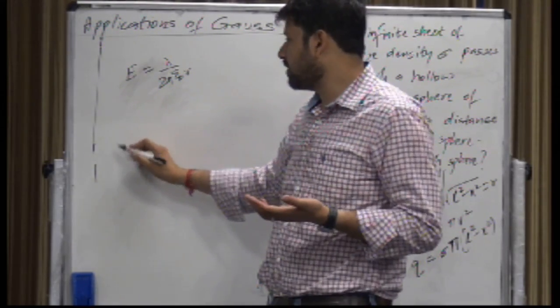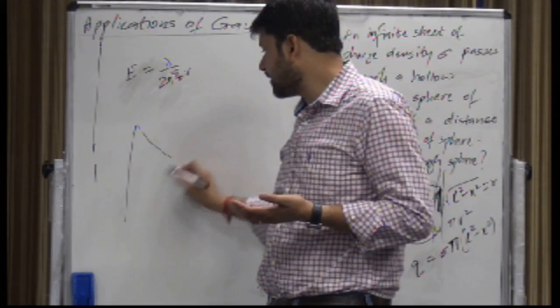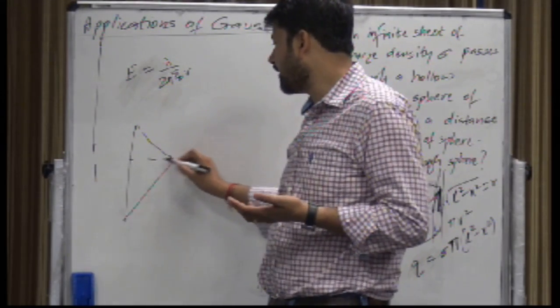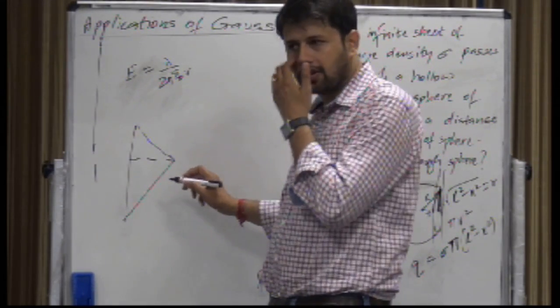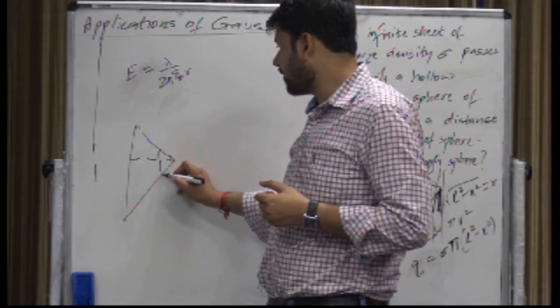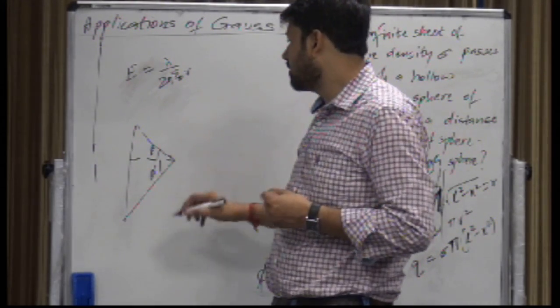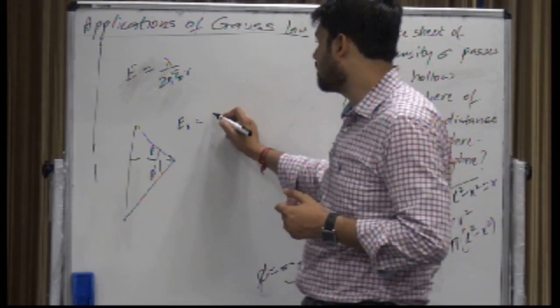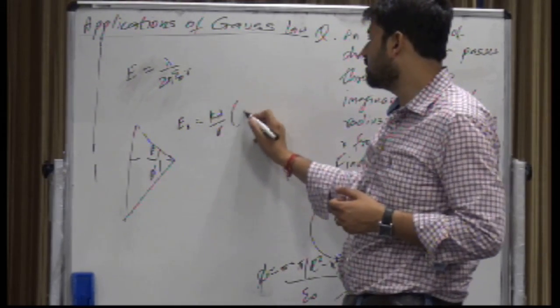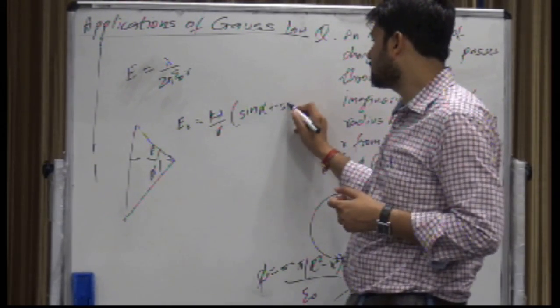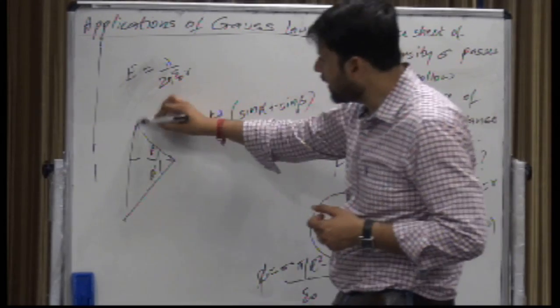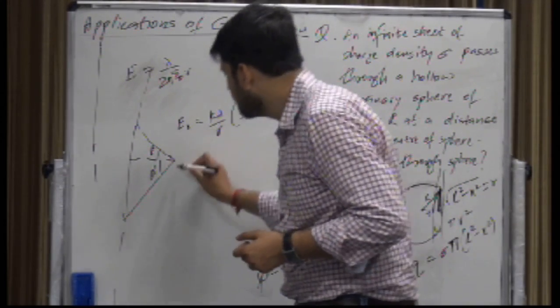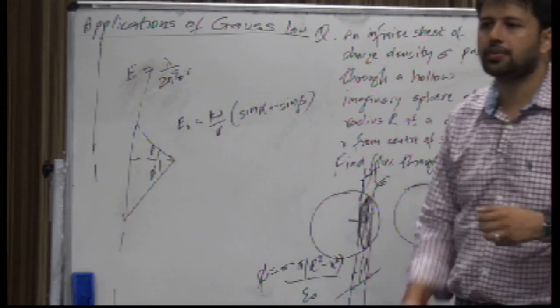Just remember, for a finite line charge, let's say the angle is alpha here and beta here. Do you remember Ex was k lambda by r, sin alpha plus sin beta? And if I extend both the corners, alpha and beta would both become 90 degrees.